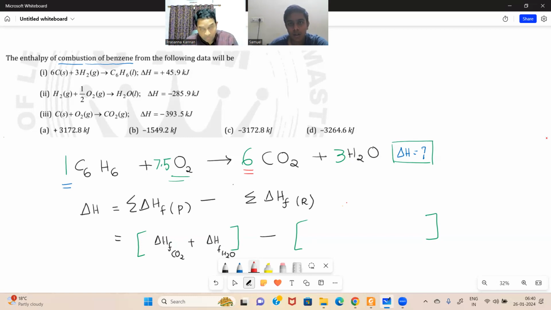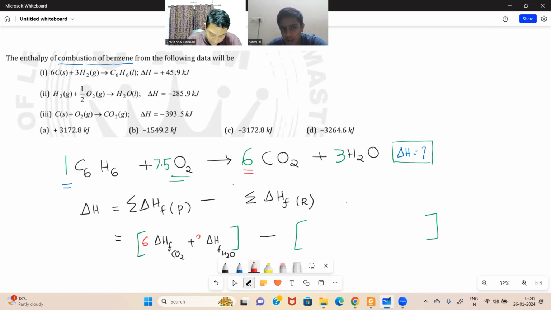So for 1 mole, it is delta H. For 6 moles, it will be 6 times that. So that's why you should multiply with 6. Is it clear now? So we did delta H of carbon dioxide. Now next, delta H of water. What should you do? 3 times.